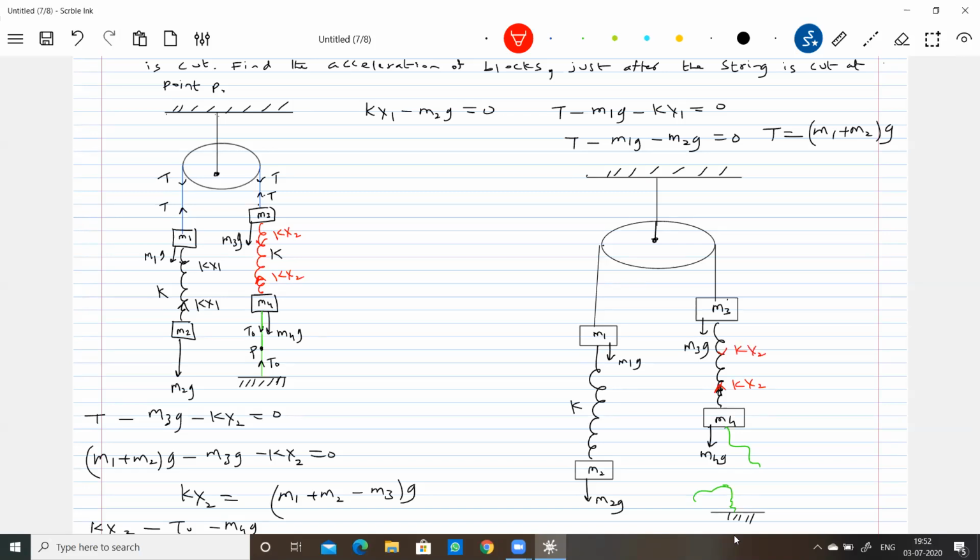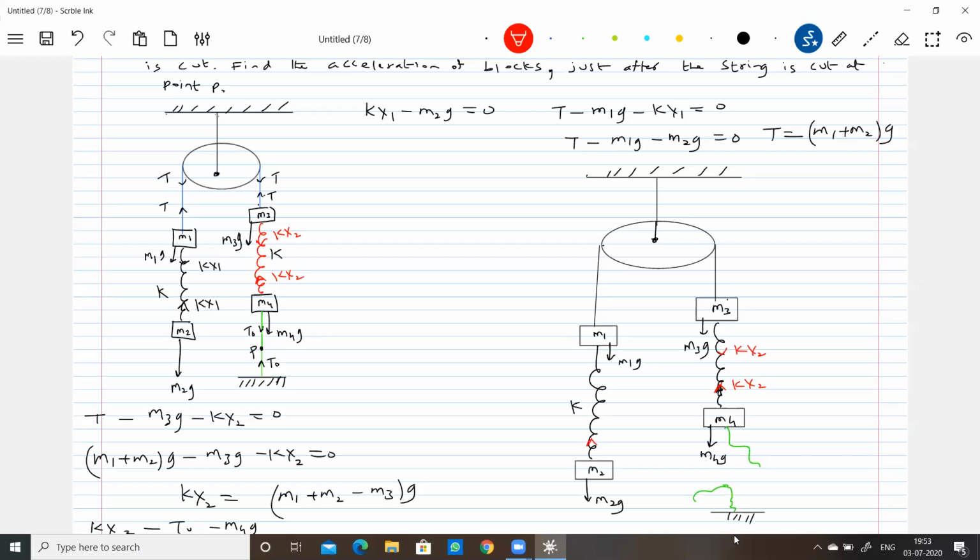If the spring force changes, then only the block M3 will undergo displacement. So it will also be at rest, by inertia of rest. It will retain state of rest at that instant. So therefore now M1, M2, M3, they'll be at rest, or better say acceleration 0. So no change in spring force.